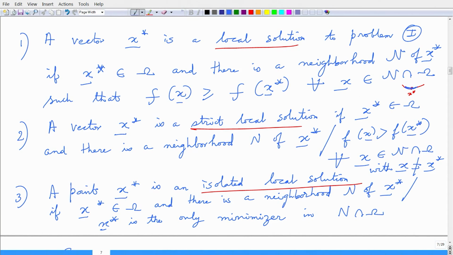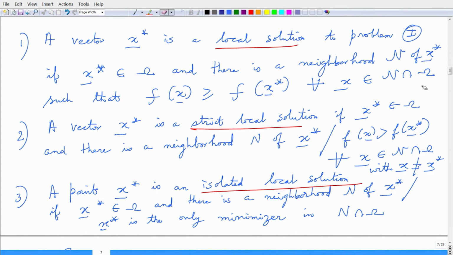This is my neighborhood, it is a small vicinity. So, there is this neighborhood of x star such that f of x is greater than or equal to f of x star for every x belonging to the neighborhood that intersects with omega, which is our constraints.